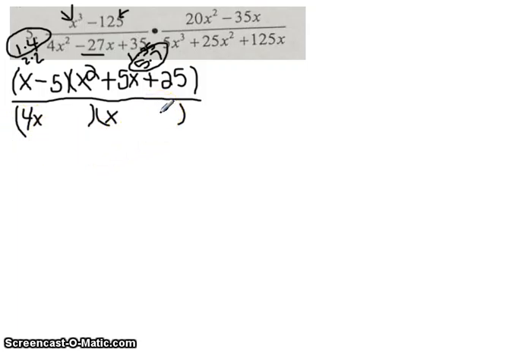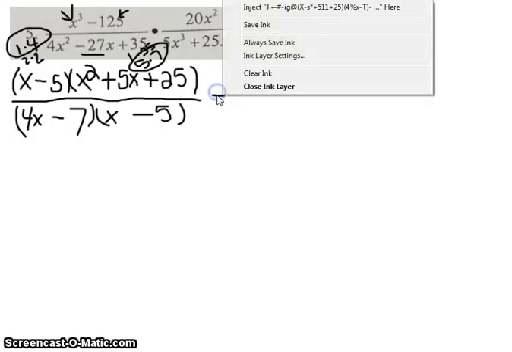So what matched up to the 4? Well, the 5 did, so the 5 is going to go right here, and then that leaves this for the 7. And they both need to be negative because I needed a negative 27. So there's the factors of that one. Oh, I want to put equal in its times.